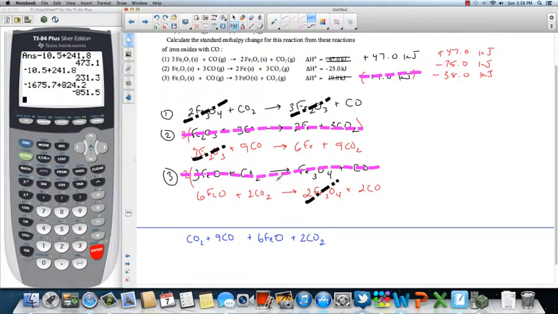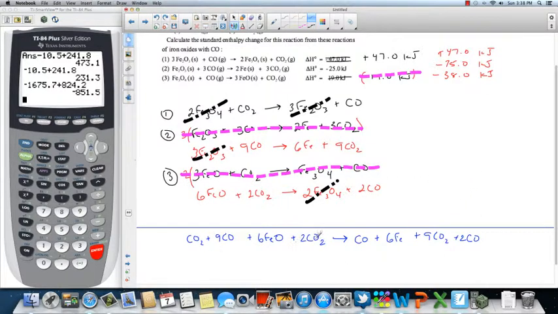That was all the stuff on the reactant side. CO, 9CO, 6FeO, and 2CO2 yields CO plus 6Fe plus 9CO2 plus 2CO.